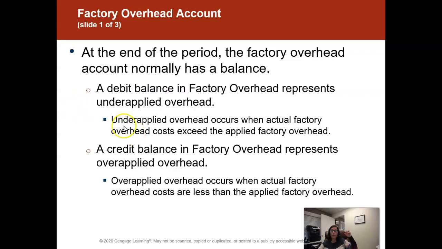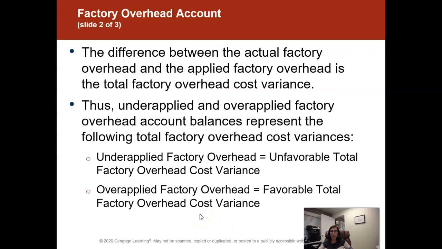So if we have under-applied overhead, we've basically failed to adequately estimate the amount of overhead that should be applied, and that's a debit because that represents increasing costs. The over-applied, you can look at almost like a favorable variance, like when we were looking at the other items, which is that we've done better than we should have, and our costs are less than what we've actually applied.